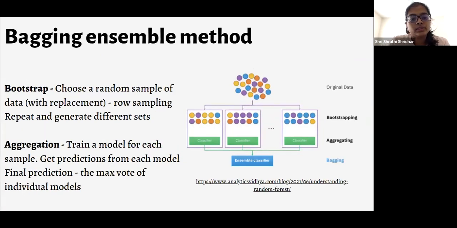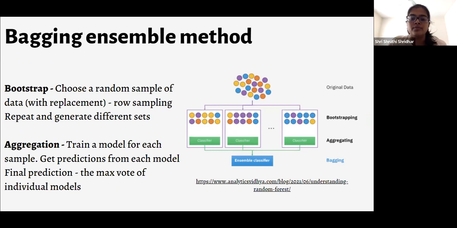So let's look more into what exactly we do in building the random forest and how we couple the individual decision trees together to form it. We take the original training data and get samples of data with replacement, instead of using the whole data like we did in the decision tree.